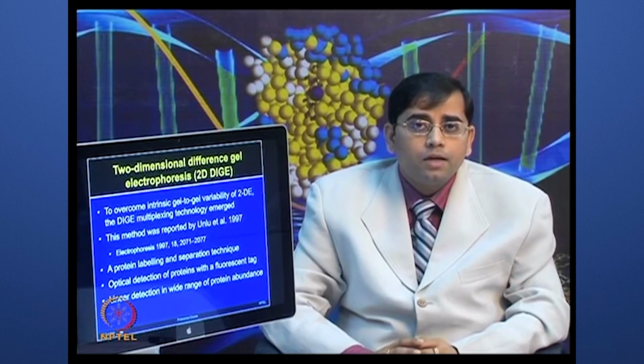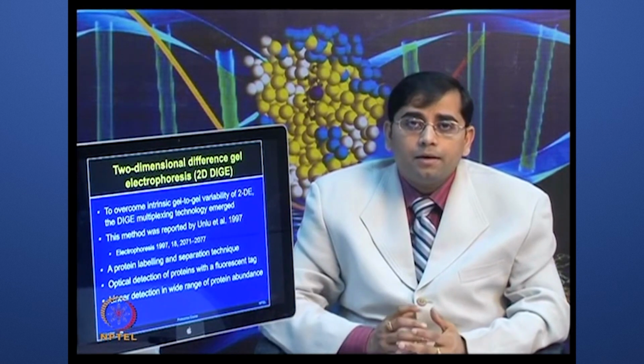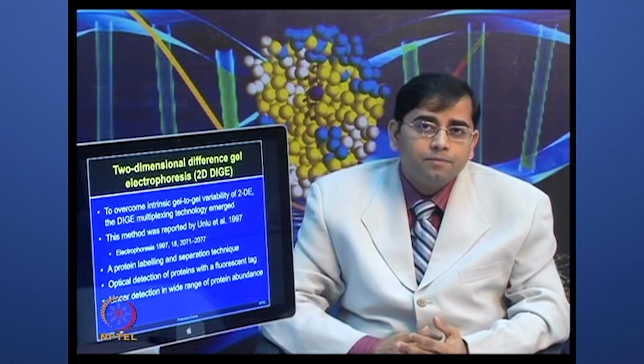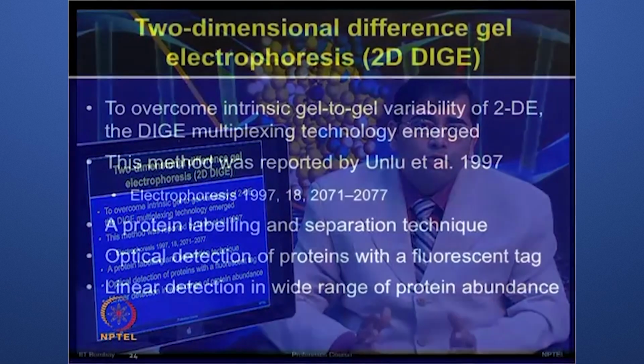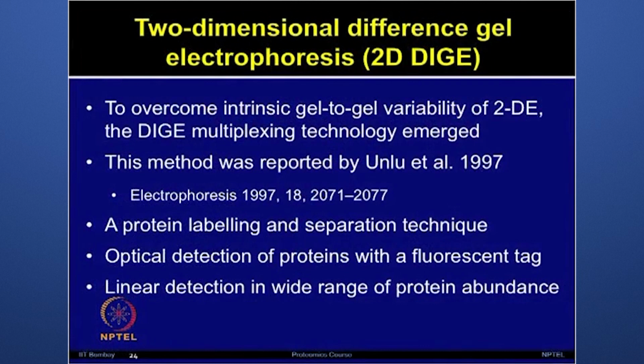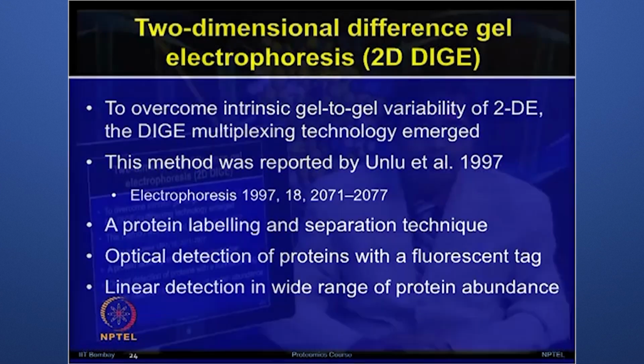So, overall one can expect a very sensitive method giving a very large dynamic range of protein detection by using fluorescent tags, and this method gives multiplexing and separates proteins on one gel. So, it is expected that it will avoid a lot of difficulties which are encountered in the traditional 2D gels.